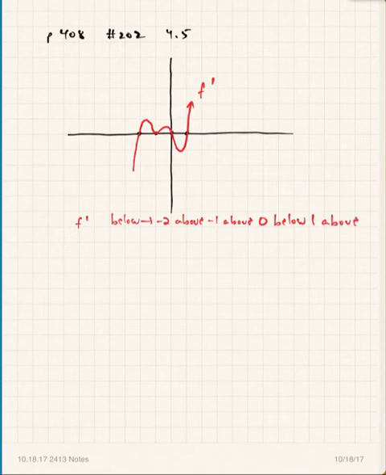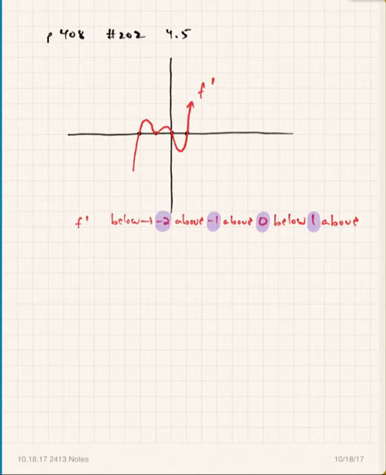So these are the x values that are in play here. You have -2, -1, 0, and 1. And you've got where the graph is. It's the graph of the derivative. It's below the x-axis for x less than -2, then above between -2 and -1, continues above until you get to 0, then falls below, and then at 1 it crosses back above and is above again.